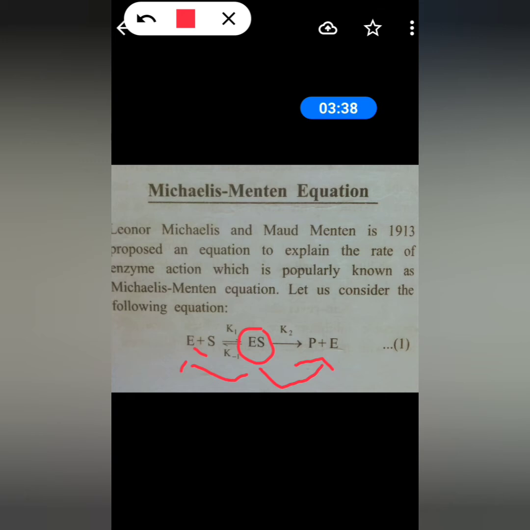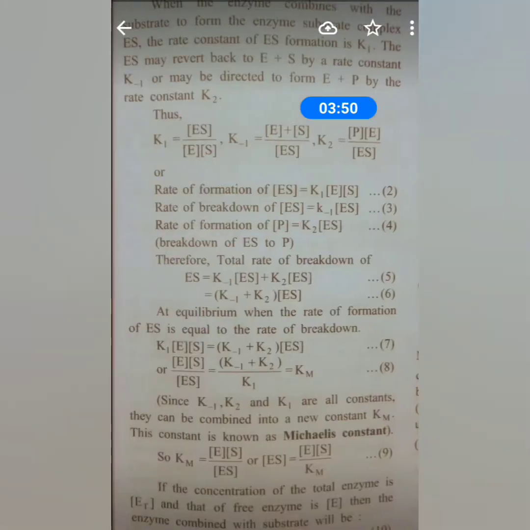So the rate of breakdown will be equal to this one and this one. Let me show you in this reaction, the total rate of breakdown will be K minus 1 into ES concentration plus K2 into ES concentration, right? K minus 1 and K2. That is the rate of breakdown of the ES complex. So from there we get equation number 5.